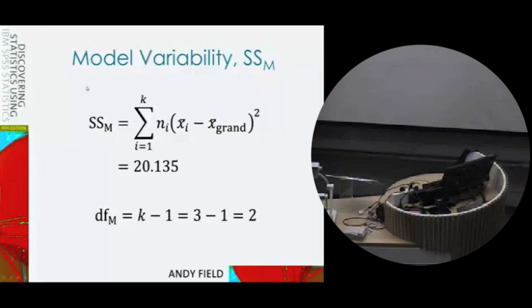So it's 1 less than the number of group means that we had. K is normally used to represent the number of groups, so you'll see K a lot in that context. So we've got a sum of squares of 20, and that was based on two degrees of freedom associated with that.